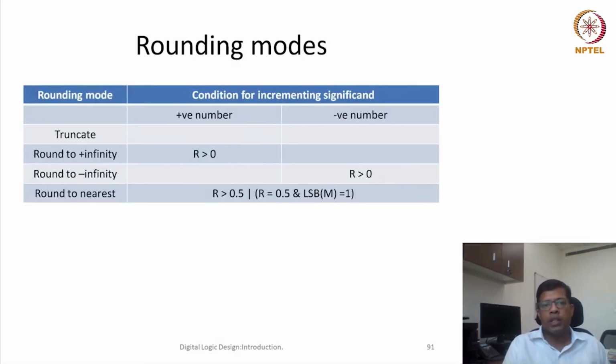We can classify this by whether the number is positive or negative. In case of truncation, that means rounding towards 0, whatever the residue bits are, because we are rounding towards 0, we want to go towards 0.